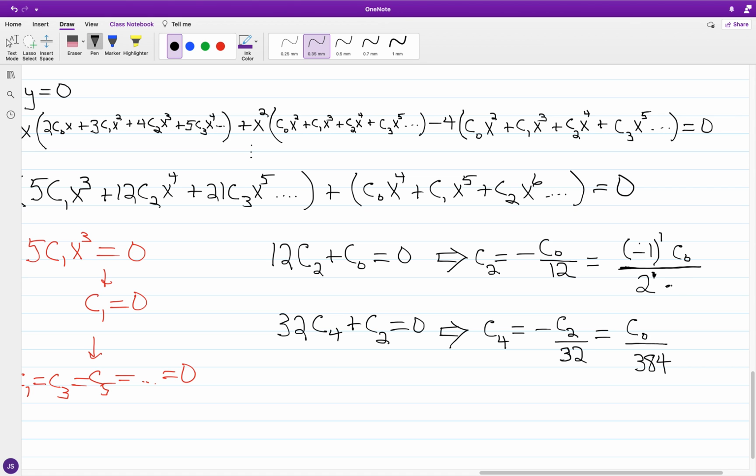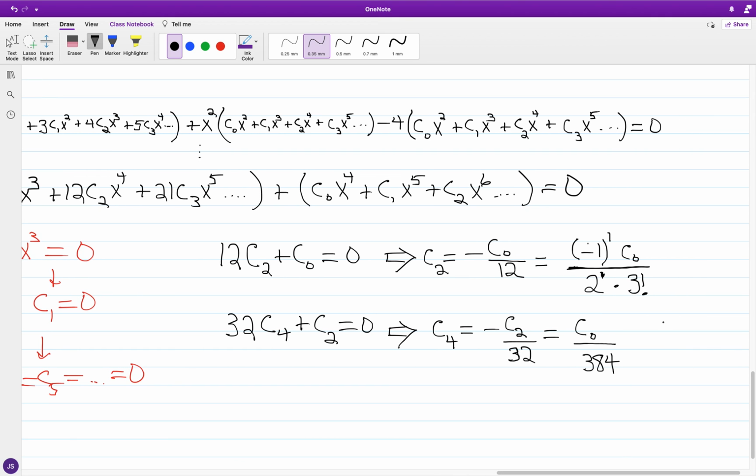So I have 2 to the first times 3 factorial. Now for c of 4, we have a positive value, so we have negative 1 squared c naught.